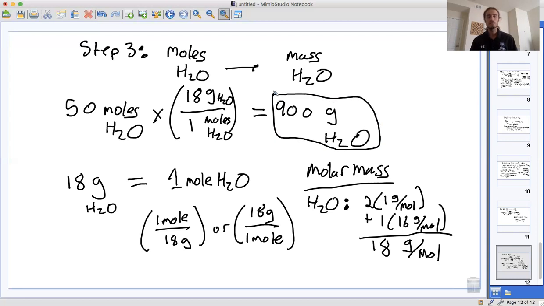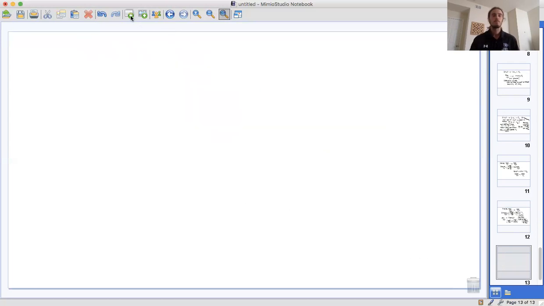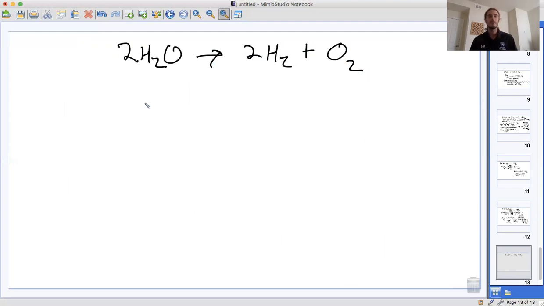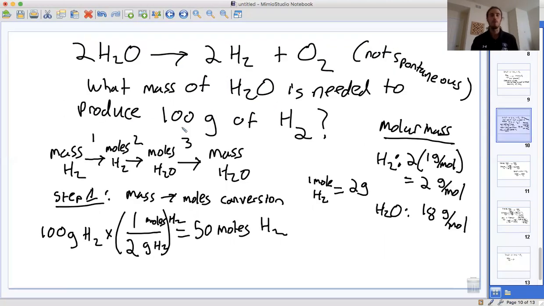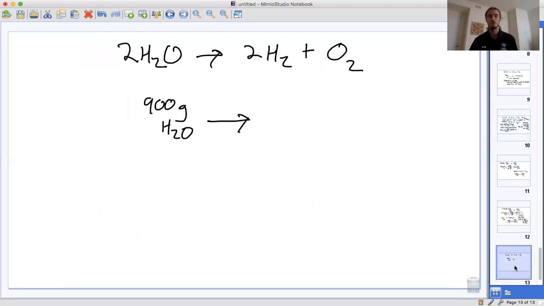So if I go back to the original question, we've got this balanced chemical equation. And now I know that 900 grams of water are needed to get, now what was the original amount? 100 grams of H2.